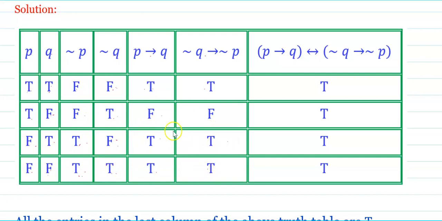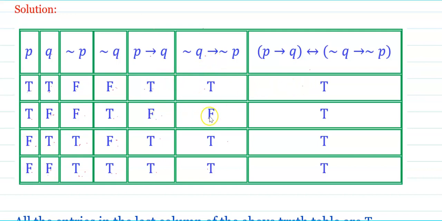Now the next. The double implication between these two columns, the column number 5th and the 6th one. How do you remember the table of double implication? If both of them are the same, then it is true. Otherwise false. Now look here. T double implication T. It is a T. Same.